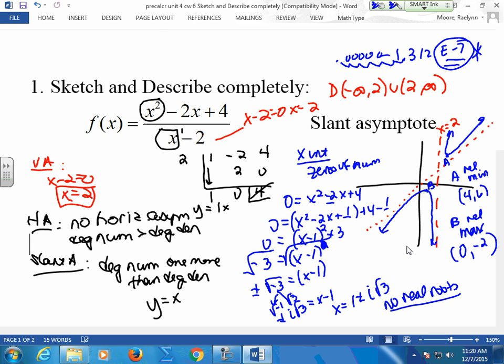Okay, y-intercept. The y-intercept is still the same. Go back to the original. Take out the x of 0. So y equals negative 2. So (0, negative 2). And you kind of showed me that when you did your relative max.